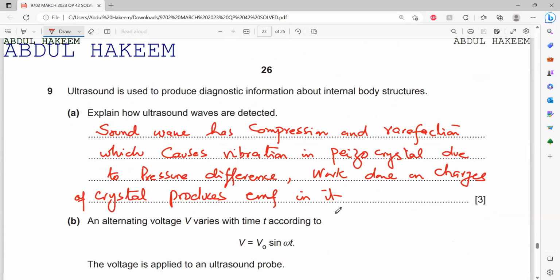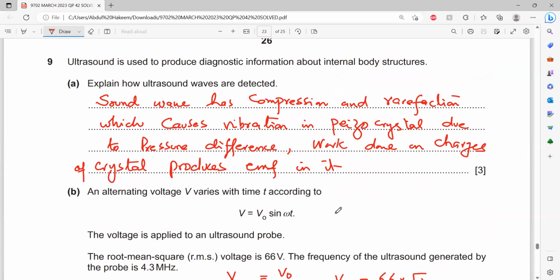Next, question number 9: ultrasound is used to produce diagnostic information about the internal body structure. Explain how ultrasound is detected. Look, this is sound. It has compression and rarefaction, which causes vibration in the piezo crystal due to pressure difference.